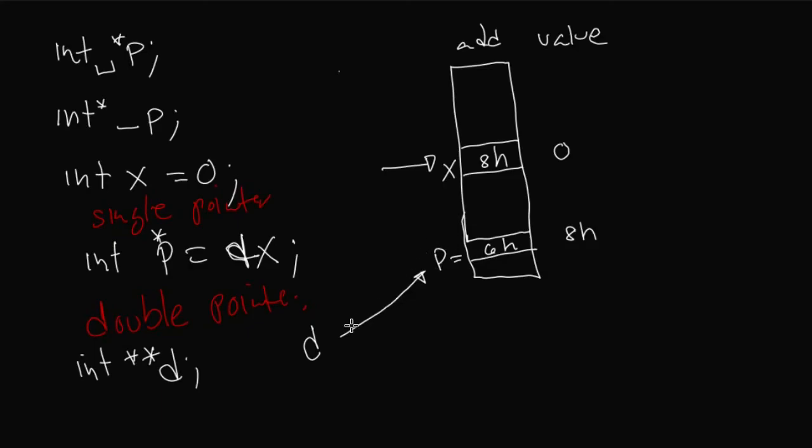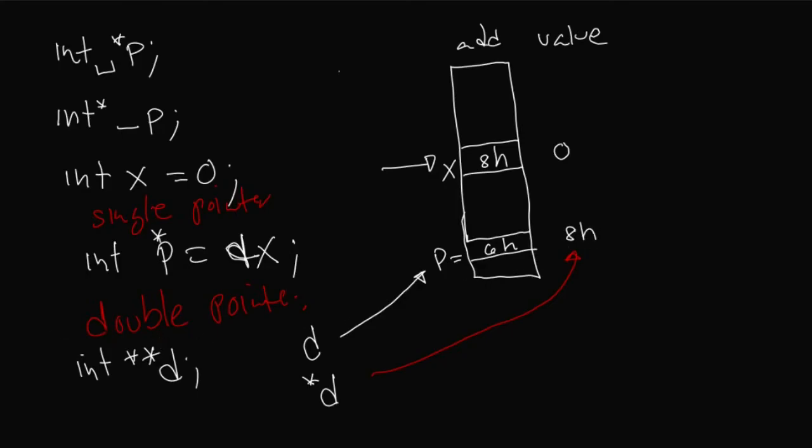If d points to the address of p, then if we dereference d once, we get the value of this one here. So *d, or dereference d, obtains the value of 8H.